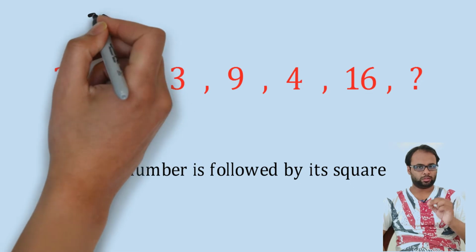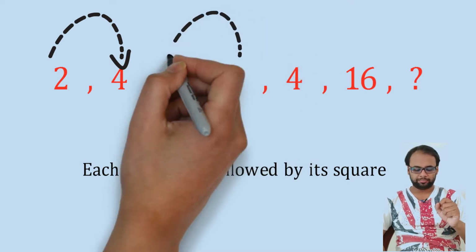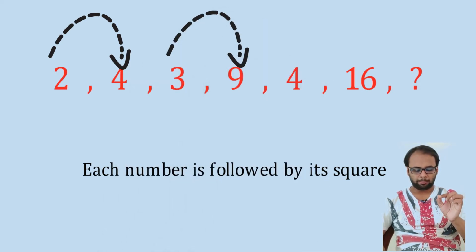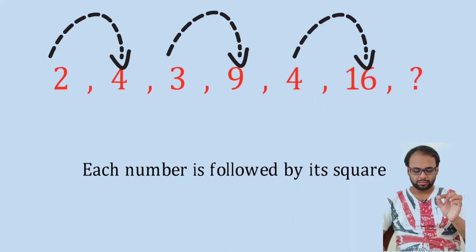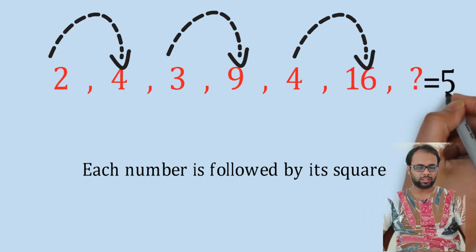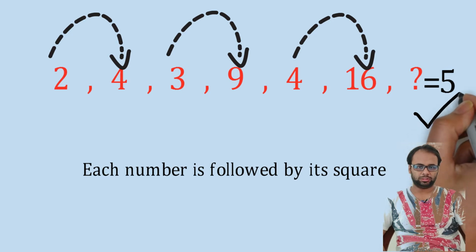Now 4 is the square of 2. Similarly then 3 and 9. 9 is the square of 3. So this is being followed here. Each number is being followed by its square. So similarly square of 4 is 16 and the next number in the series would be 5, because consecutive numbers are being followed by their squares.